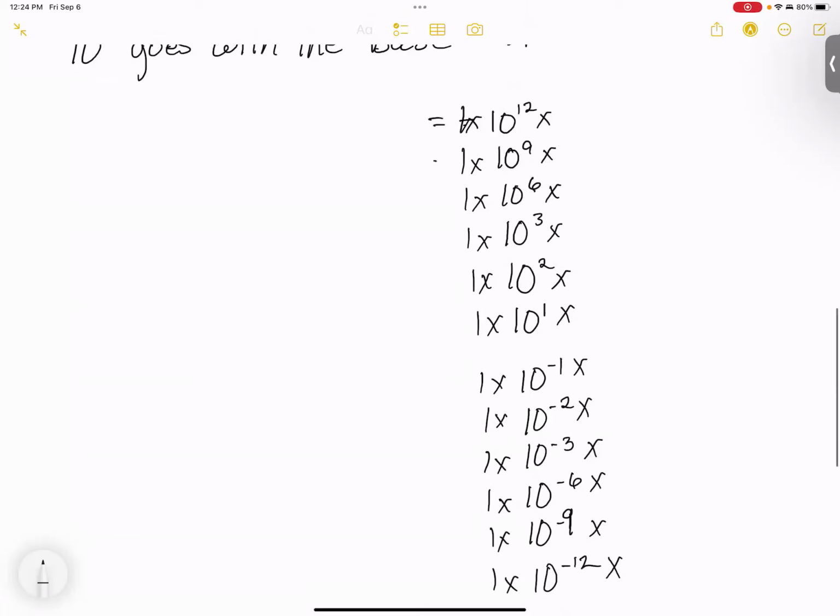And that is equal to your prefix. 1 of your prefix.